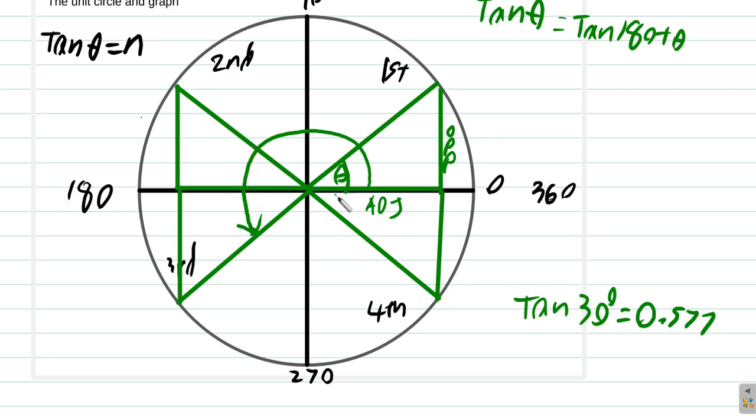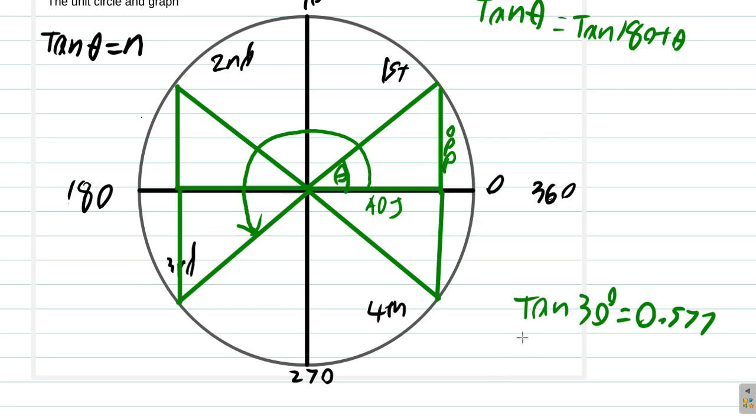But it's in the second quadrant. Now, the original triangle, this one, the opposite is positive, adjacent is positive. Positive opposite over positive adjacent gives you a positive 0.577. What will happen here? This angle, same length of opposite, same length of adjacent, but the opposite is positive and the adjacent is negative. So it will be a positive opposite over a negative adjacent, which will give you a negative 0.577.